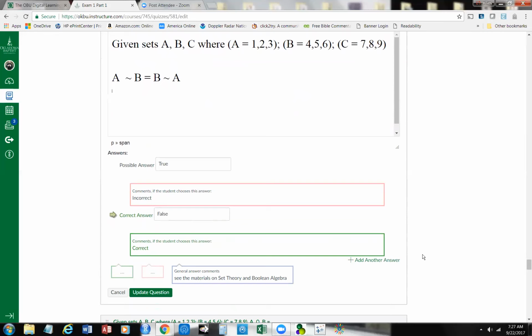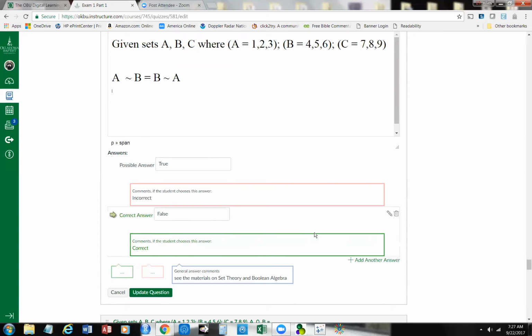And I asked you to see the materials on set theory and Boolean algebra. You had the sample exam, and I said you're going to find the materials for this over in the supplemental website, and I've been over there numerous times. So that's false.